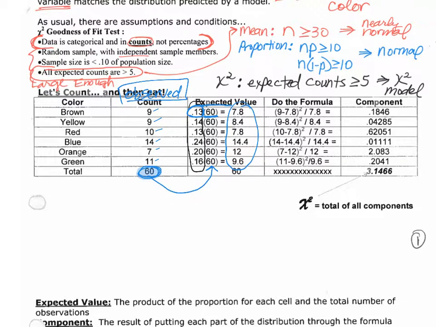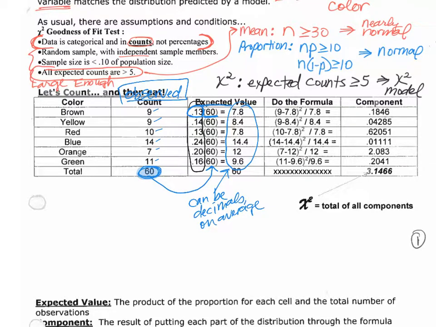These expected values can be decimals because they are what you expect to happen on average in the long run. So if I collected many samples of 60, I'd expect to average about 7.8 brown M&Ms in those samples of size 60, and so on.